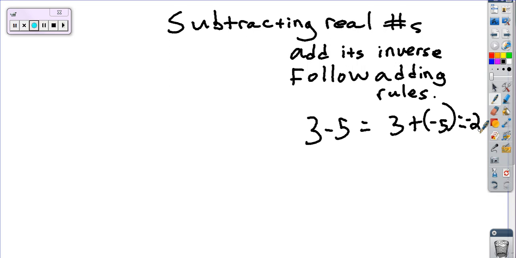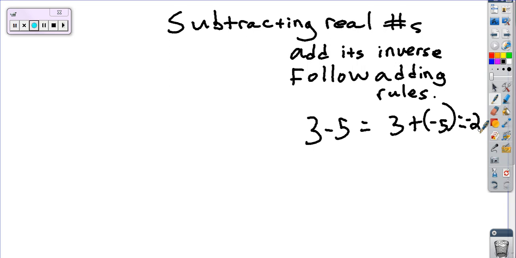But don't you always just end up adding them? Yes, so is it closed under subtraction? We are adding them. If we subtract two integers, will we still get an integer?